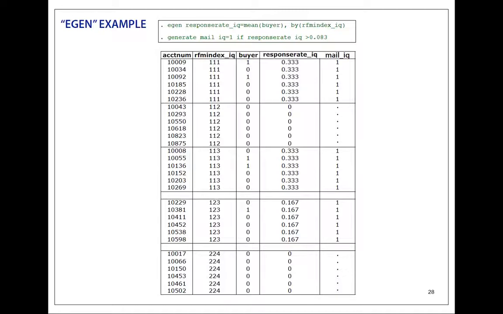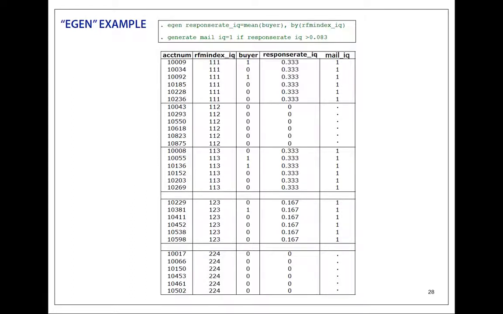To do that, we use this command, egen, that we talked about during the data demonstration. The egen command will compute the mean based on groups, and then assign that mean to each group.